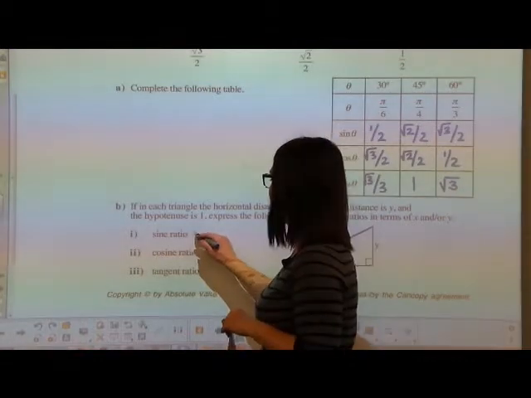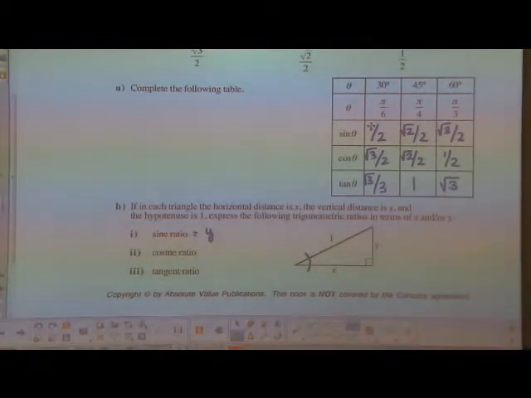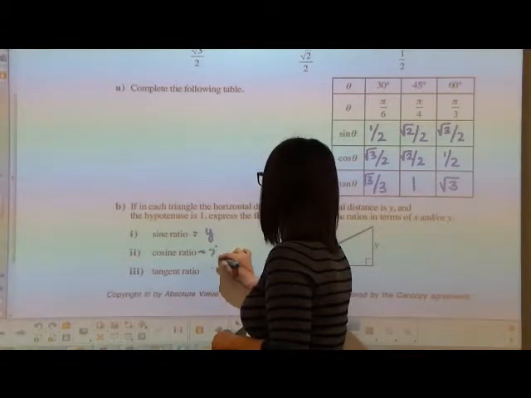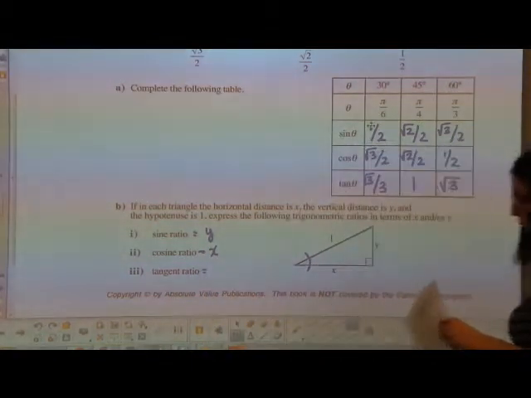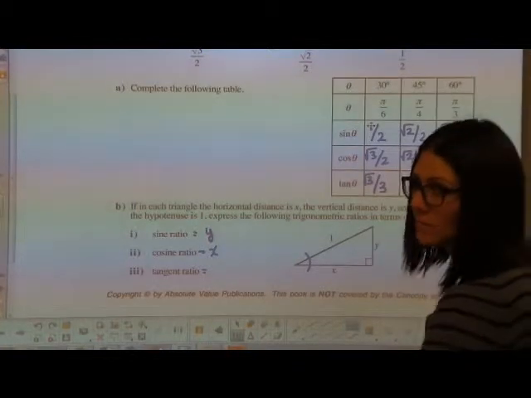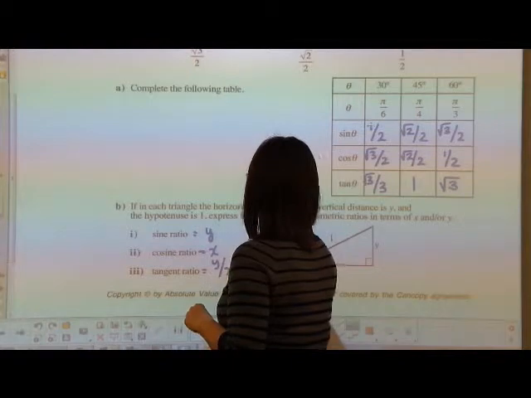Y over 1, which just equals y, okay? What would I get for the cosine ratio? X, because it's adjacent over hypotenuse. And what would I get for the tangent ratio? Y over x. Y over x, good.